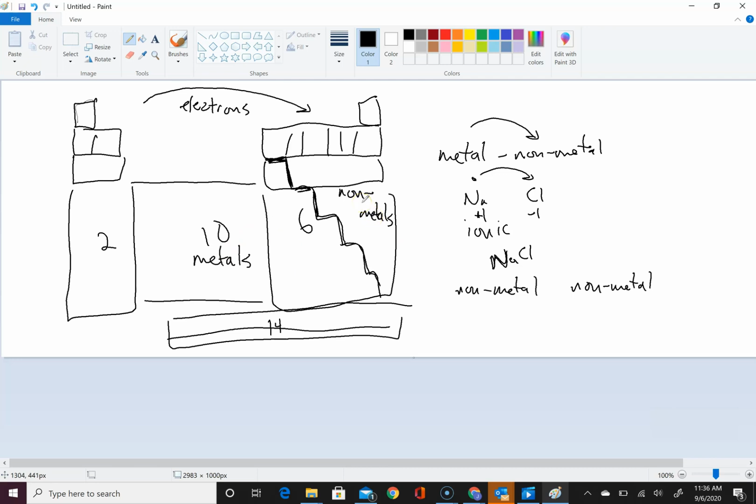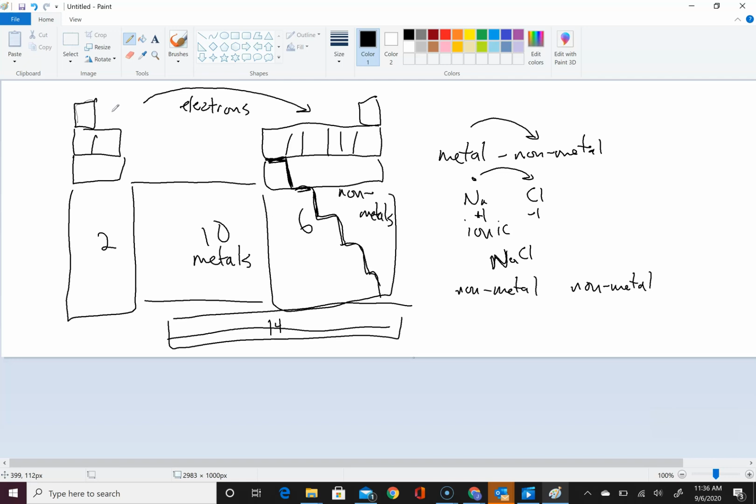And we've already said that that's because of the size of the atoms. The larger the atom, the farther away from the nucleus the electrons are, and so the less they need to be held. And so metals, with their outer shell electrons farther away, don't want to hold on to those electrons as much as nonmetals do.